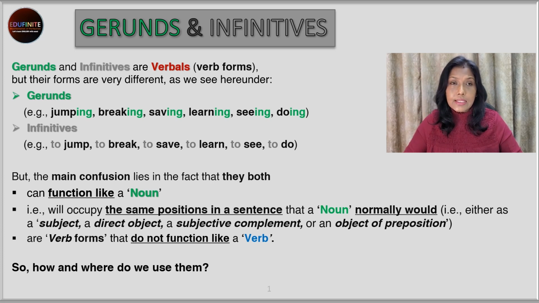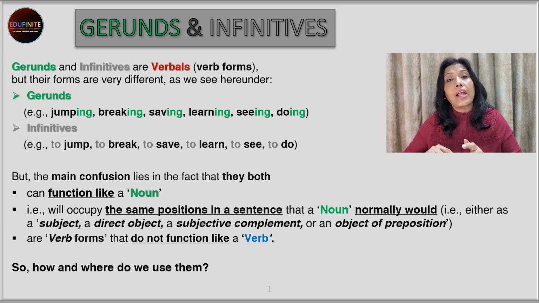Since this is a two-part video, this is the second part. Here, I'll be discussing more about the subject form. That means when the gerunds or the infinitives are present in the sentence as the subject. Since they behave like noun, so just like a noun in a sentence, they are present as subjects.